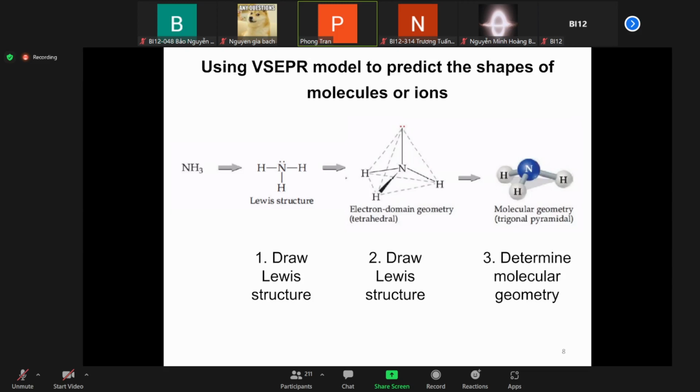Based on this total number of electron domains, you predict the geometry of the whole molecule, including the non-bonding electrons. And then you remove the non-bonding electrons to get the final geometry of the compound, including only the bonding electron domains. Because I recall that in experiments, we cannot observe the non-bonding electrons, we can observe only the bonding electrons. Okay.